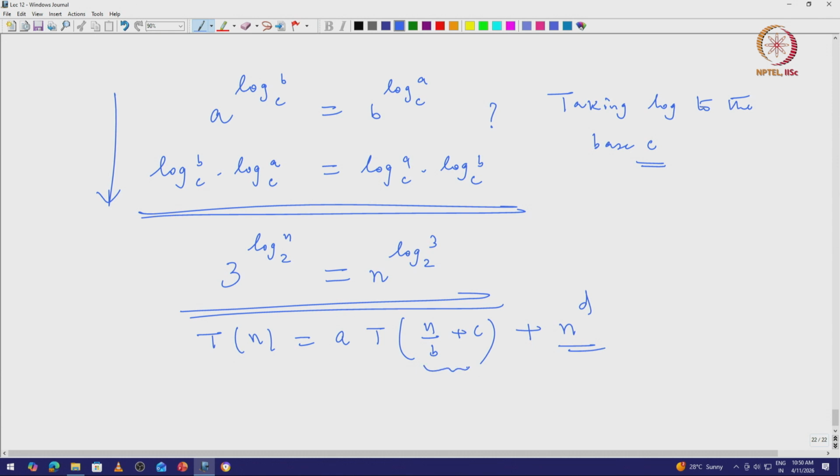But here you have n by b plus c. What we had was n by 2 plus 1. But in general, if I have n by b plus some other constant, what infinite series would work for us?